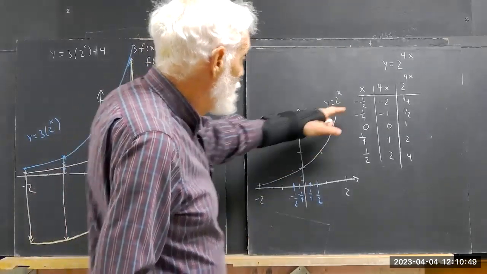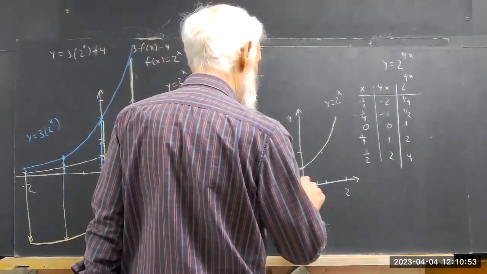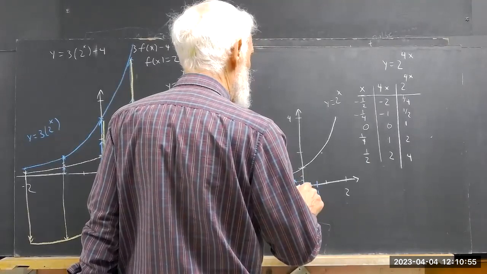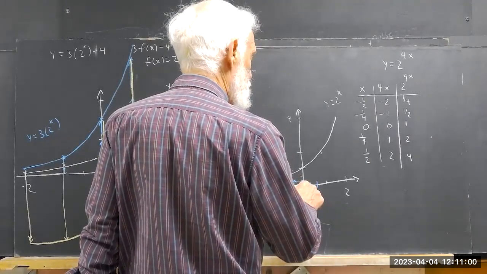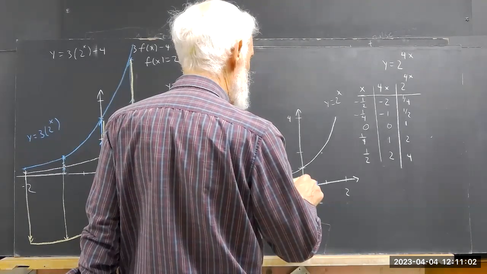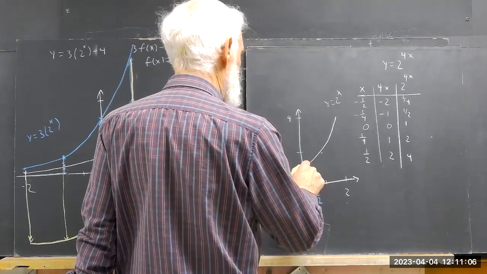And -1/2 goes with y equals 1/4. That's going to give us a point here. And -1/4 goes with y value 1/2. And 0 is going to go with y equals 1.